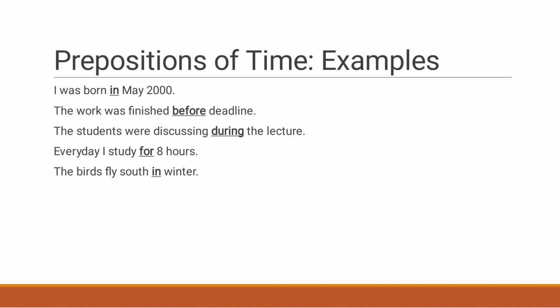In this example, the lecture was going on and the students were discussing during that lecture. Every day I study for 8 hours, the total amount of time. If you want to suggest the total amount of time, the preposition for is used.